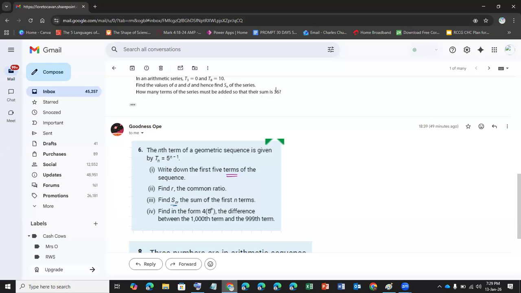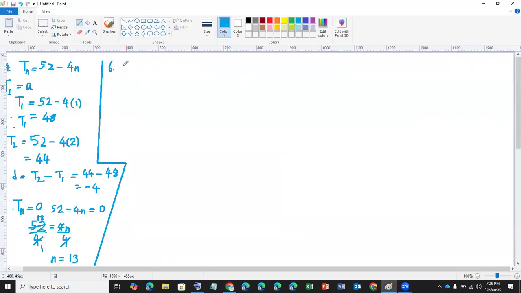The nth term of a geometric sequence is given by Cn equals 5 raised to the power n minus 1.